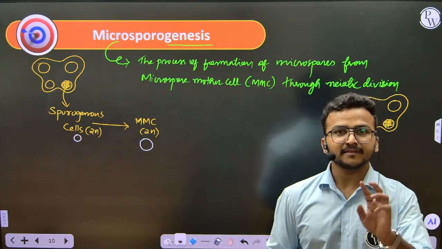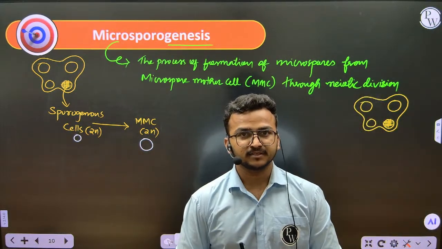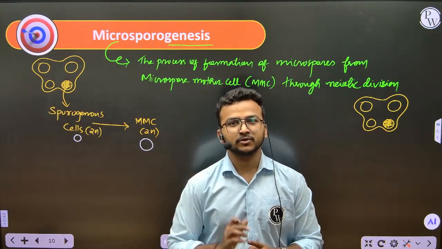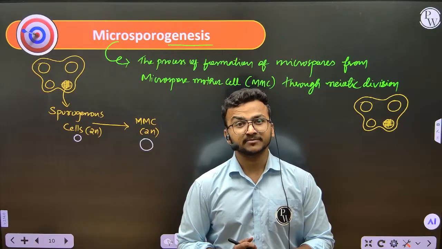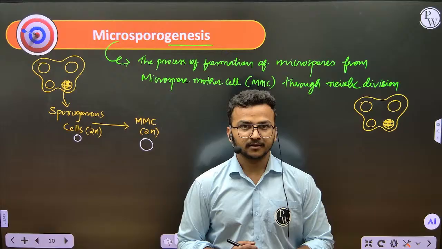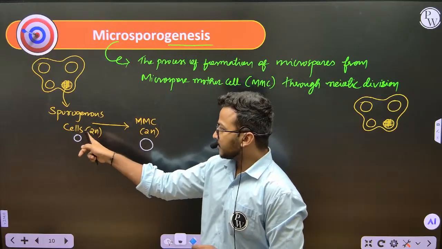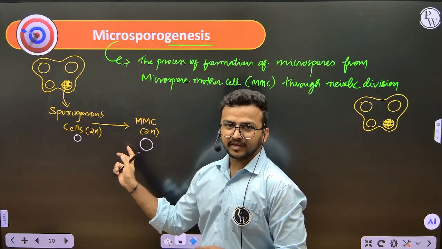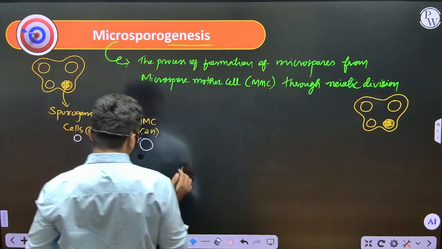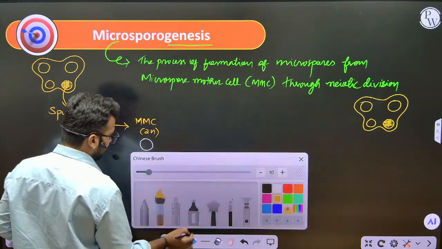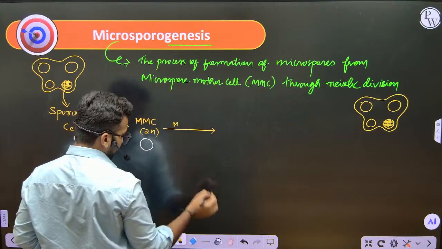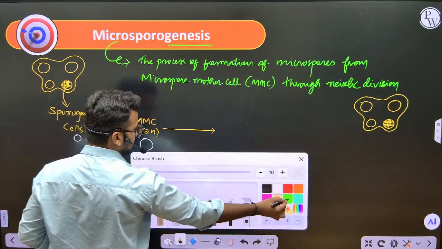We saw in the 11th class chapter on cell cycle and cell division that the nucleocytoplasmic ratio is disturbed when a cell undergoes division, and the cytoplasmic ratio increases. This is the microspore mother cell, and it will undergo meiosis or meiotic division.